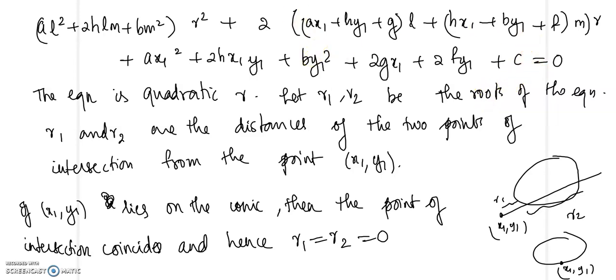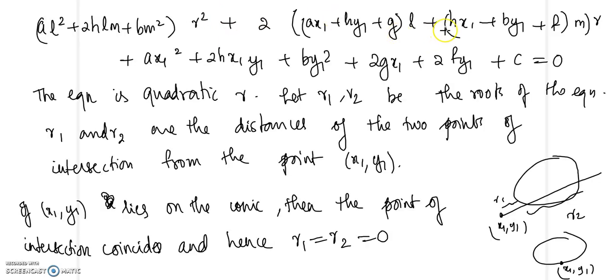Now if the roots are 0, then the sum of the roots r1 plus r2 will be 0 and the product of the roots will also be 0. Okay, now if the sum and product are 0, the sum of the roots will be the coefficient of r and this will be the product of the roots.